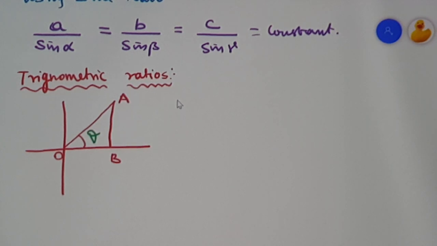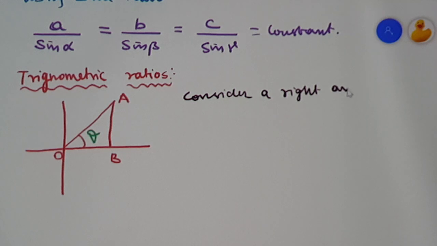So you write, consider a right angled triangle, and here the right angle triangle is triangle OBA or OAB.